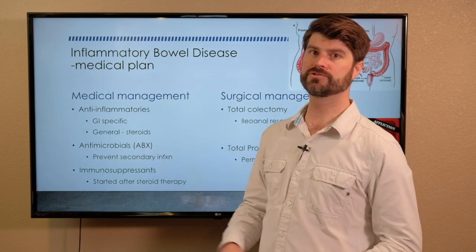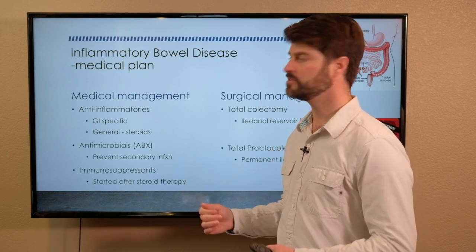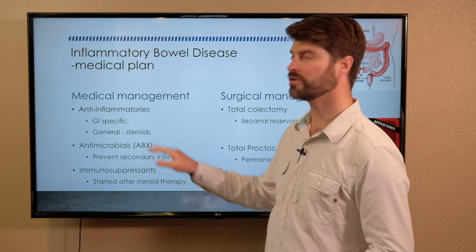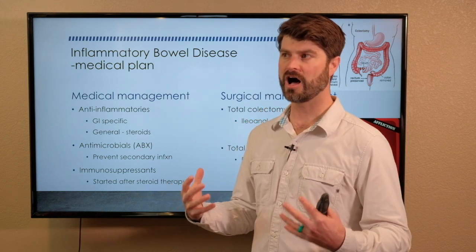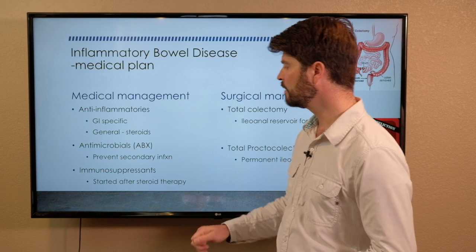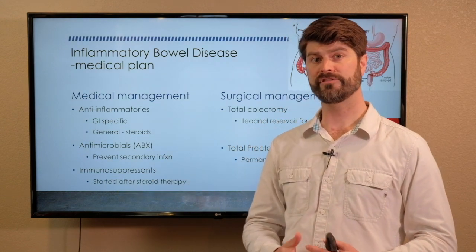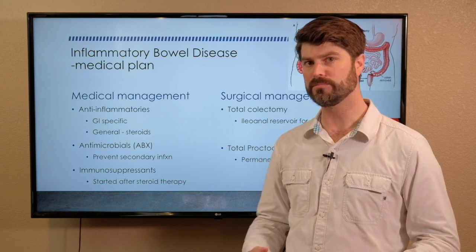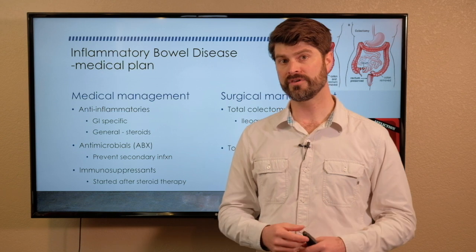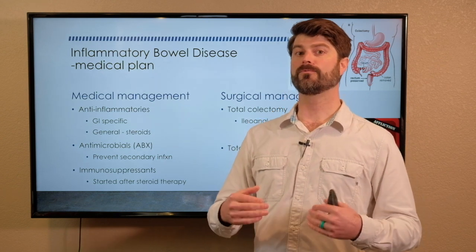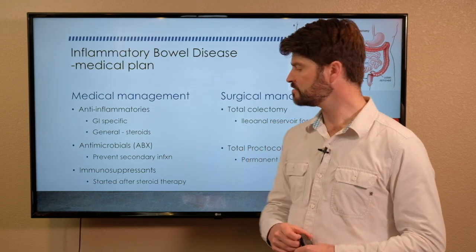Antimicrobials, especially for ulcerative colitis, because we have that acute inflammation. There's a high risk of an infectious process or a secondary infection developing because of that kind of hot area of inflammation. And immunosuppressants, because the etiology of a flare of one of these diseases is autoimmune, we are going to be giving immune suppressants after that steroid therapy has been started in order to suppress the exacerbation of disease.